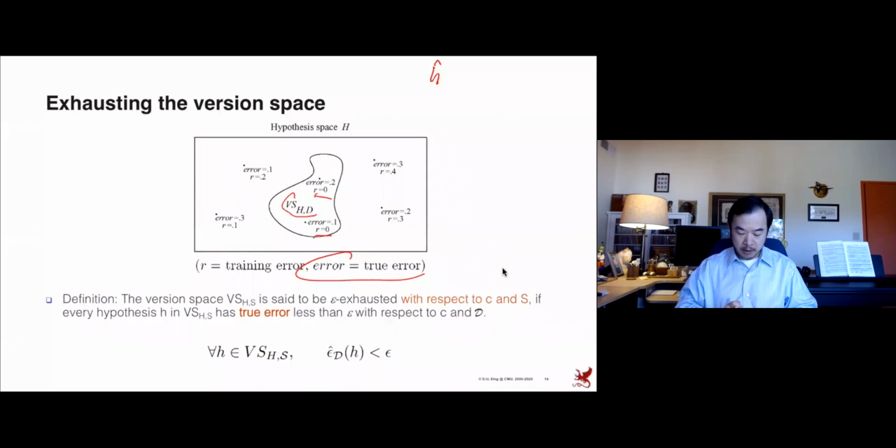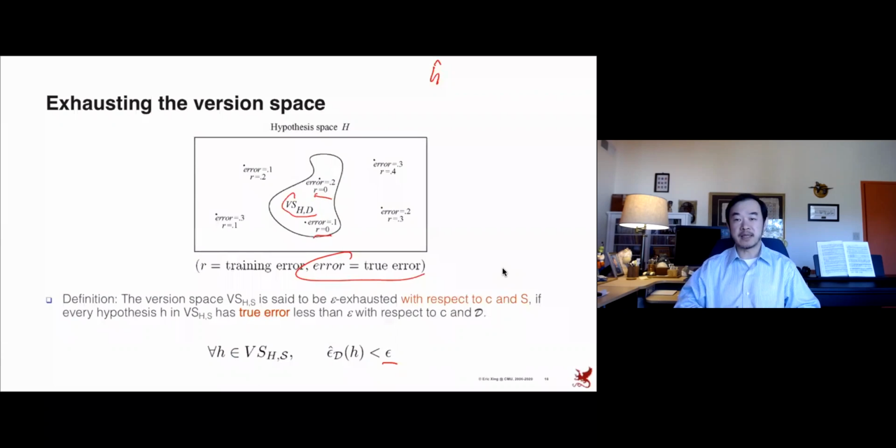Therefore, we are going to put an upper bound on the possible errors that the hypothesis can make. That's basically a technique to qualify the version space, known as exhausting the version space.